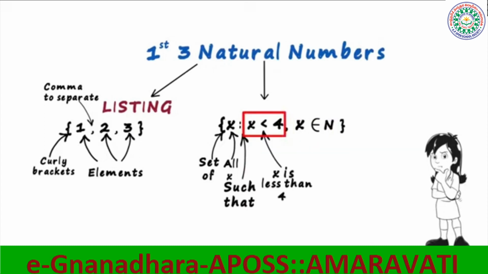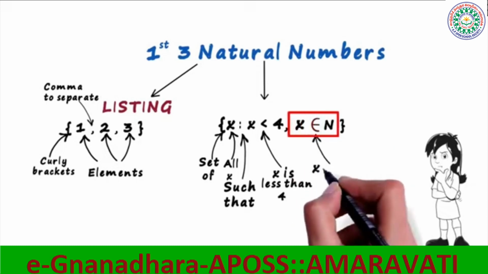We have this condition since we've been asked for just the first 3 natural numbers. But this condition is not enough, as less than 4 can mean any decimal number or negative number less than 4. And that's precisely why we have the second condition. This is read as x belongs to n, where n means all natural numbers.